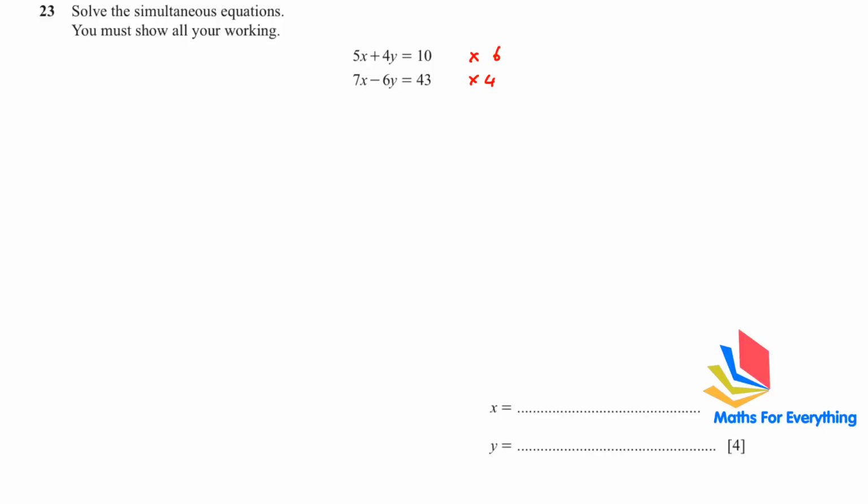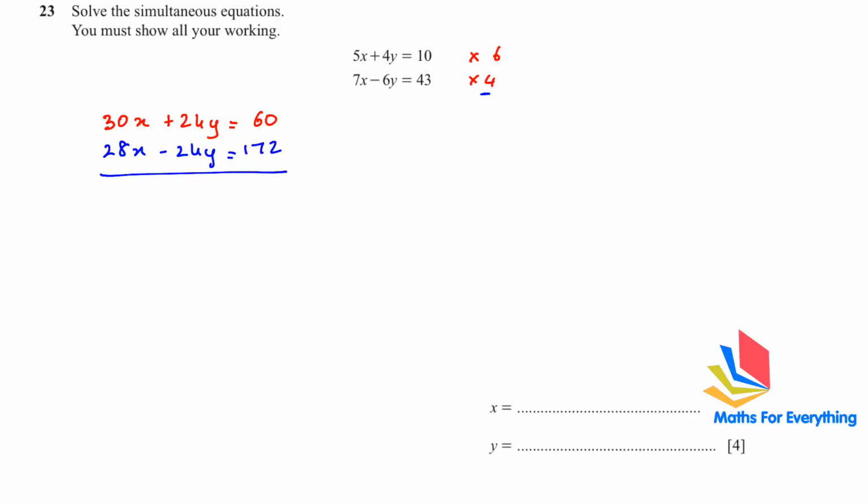5 multiplied by 6 will give us 30x plus 24y is equal to 60. And now I'll multiply by 4. 4 multiplied by 7, 28x minus 24y is equal to 172.